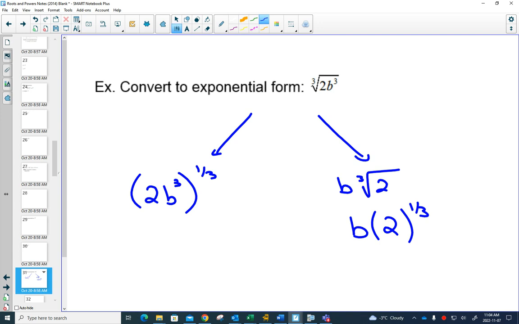This doesn't work if you're adding, but if you're multiplying, this means you'll have 1/3 for the 2, because it's 2 to the 1. So you multiply the 1 times 1/3, you get 1/3. And you multiply the exponent here, the 3 times the 1/3, which would give you 3/3. Which is just b.